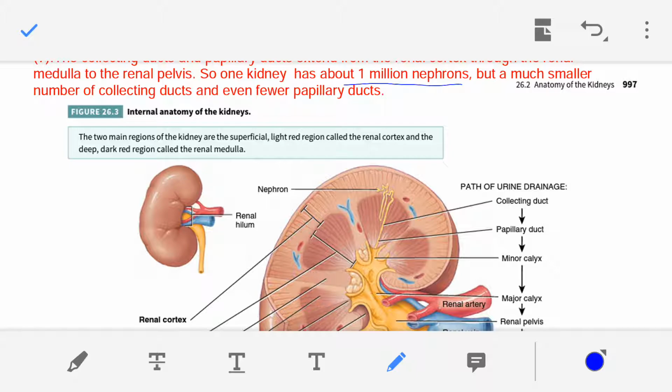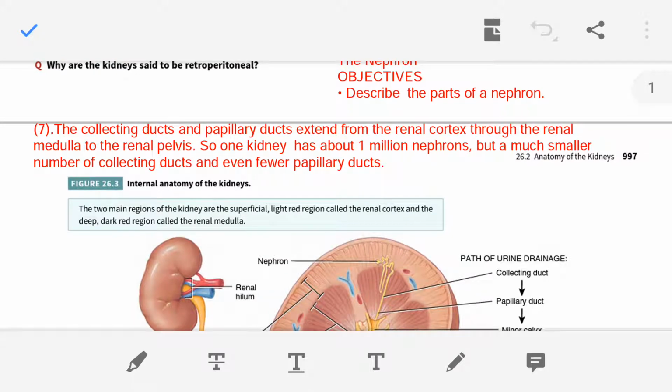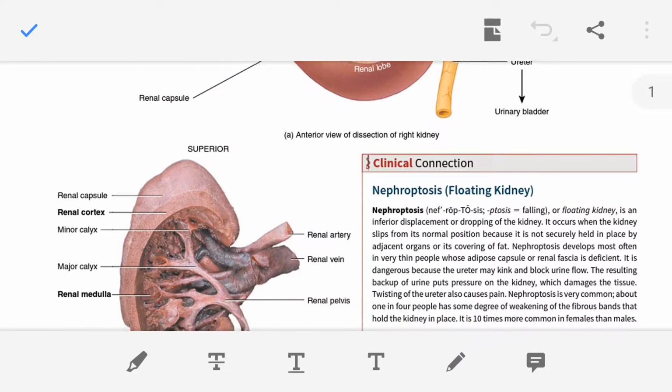But the number of collecting ducts is smaller, so fewer collecting ducts are present in comparison with the nephrons, and the papillary ducts are still fewer. So nephrons are present in the highest number, then in small number collecting ducts, and in few number, several hundred papillary ducts are present in the kidney. So this is the seventh point of our discussion, and now we are moving on to the eighth point.